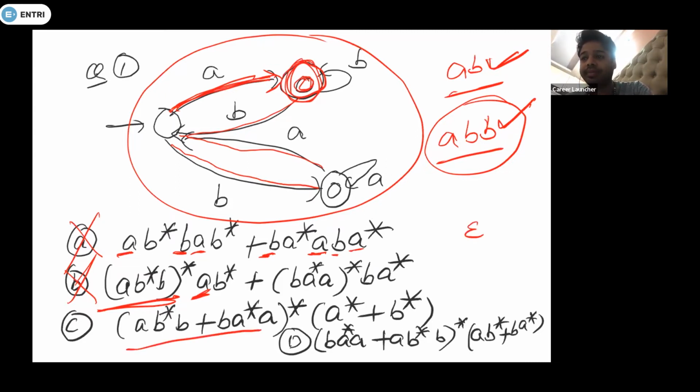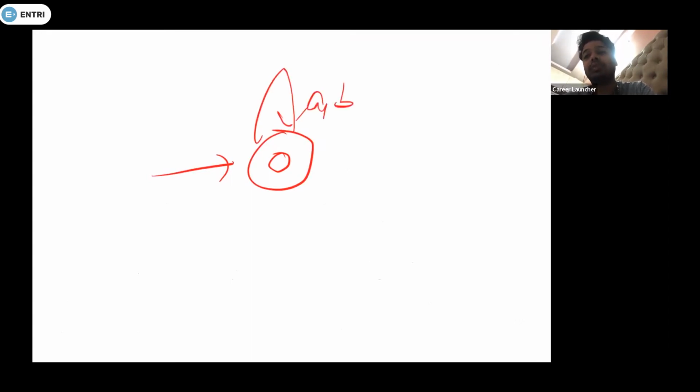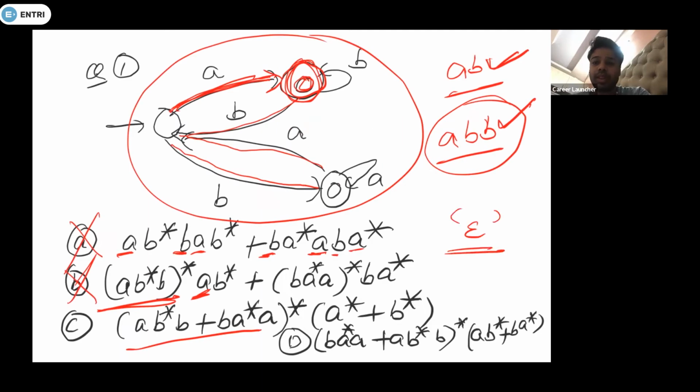So in C, epsilon is generated, but epsilon is not accepted by the finite automata, since the starting and final states are not the same. So C is also wrong.